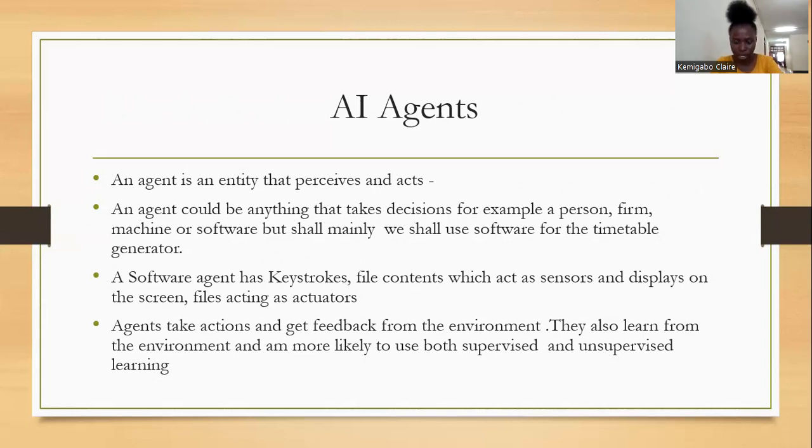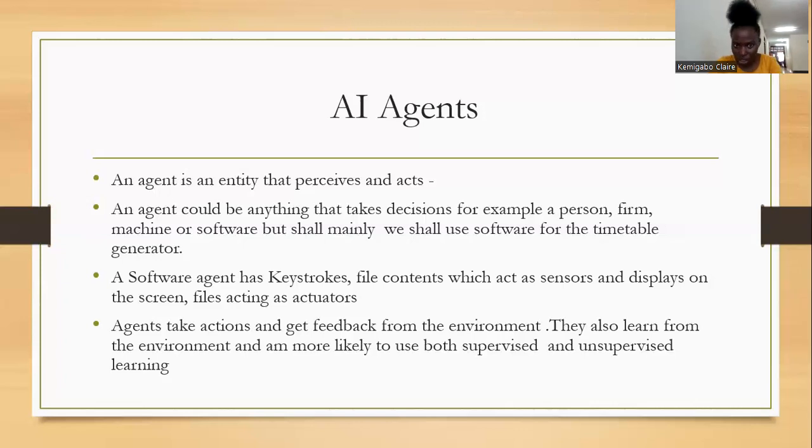So it acts on that information that it has taken. So mainly for the timetable generator, we're going to mainly deal with the software, because the software has the keystrokes and files which will be required during the timetable generation, and those keystrokes will act as our sensors and actuators will actually be the files that are going out from it.